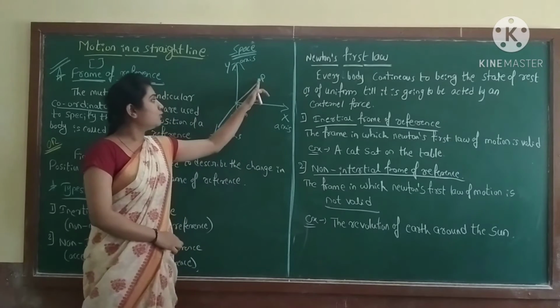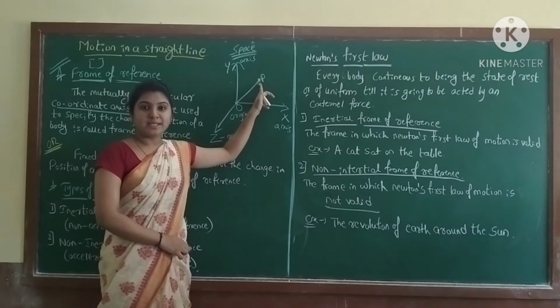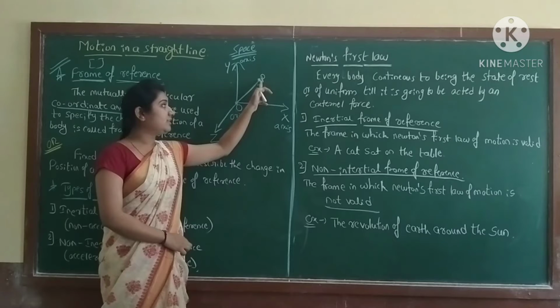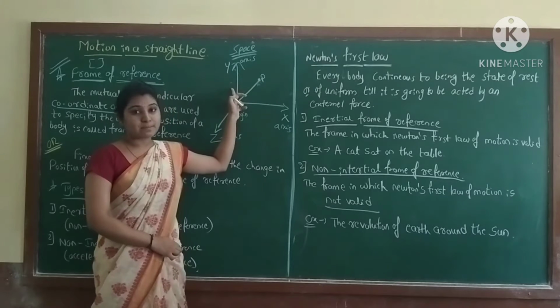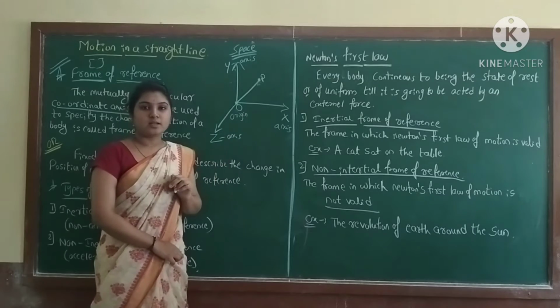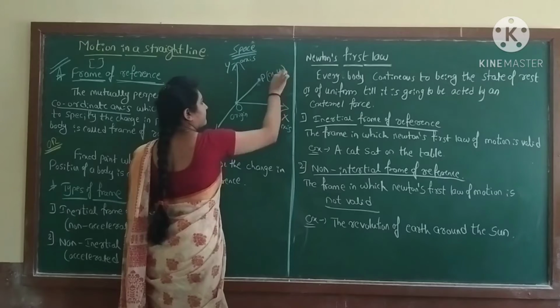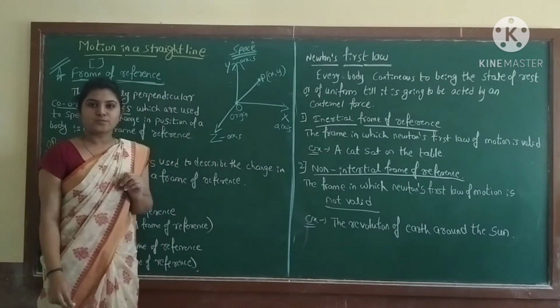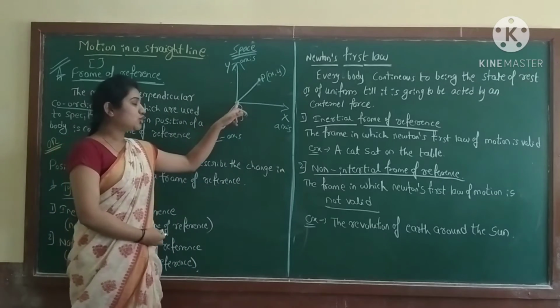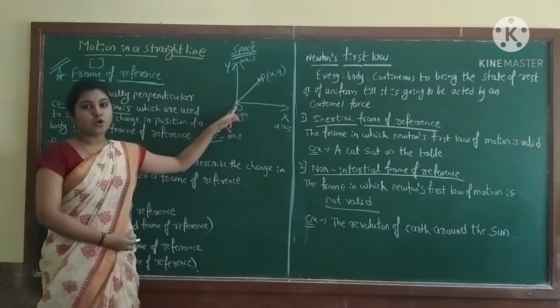You are perpendicular to the y axis, and for the x axis also you are perpendicular. So I can write like this. Yes or no? See, you changed your position with respect to this origin.